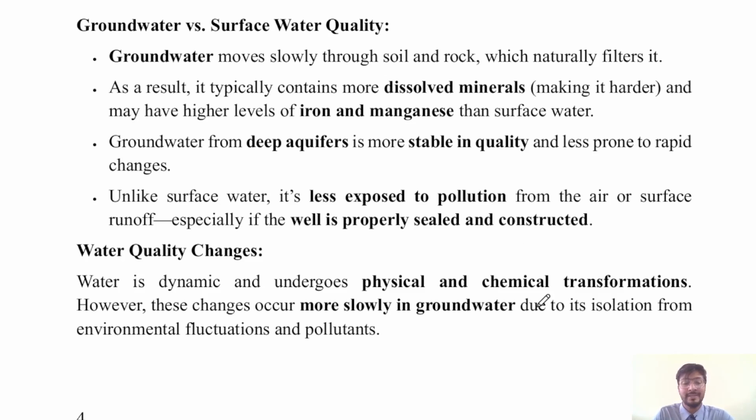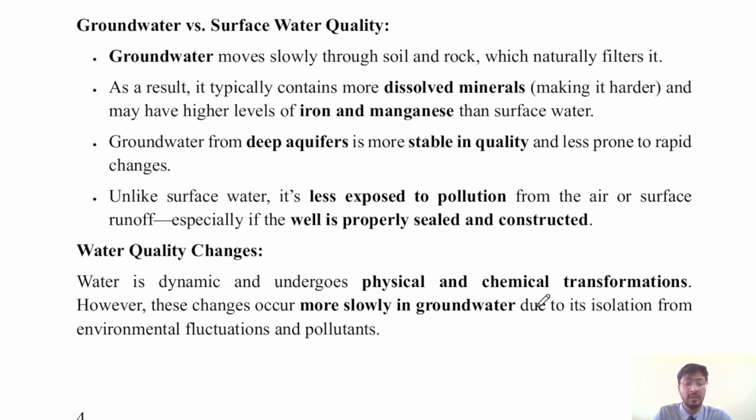Groundwater has stable quality parameters without sudden changes, and surface water is prone to rapid contamination. Groundwater is higher in minerals like calcium, magnesium, and iron, whereas surface water has a low concentration of minerals and more organic matter.